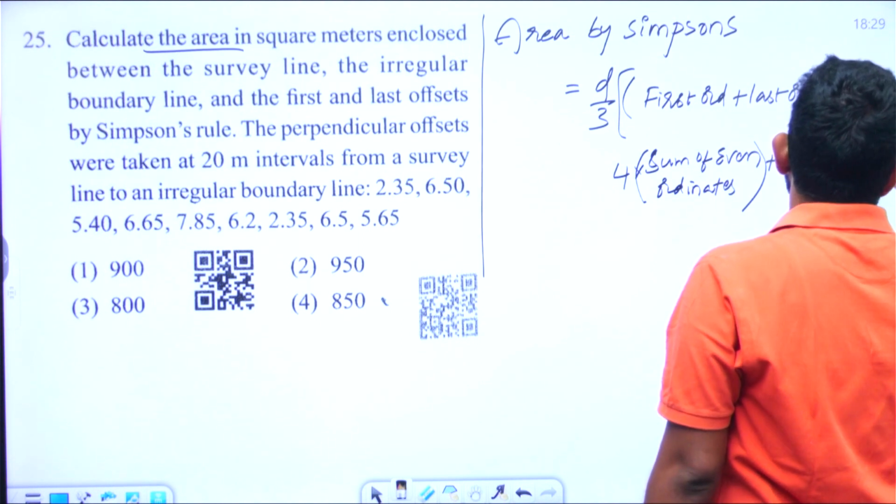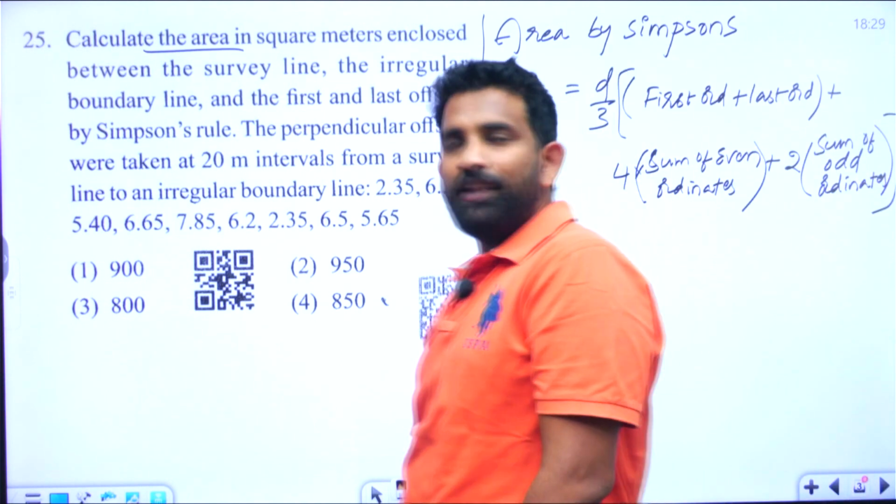By using this formula, we will be able to find the correct area by using these ordinates.